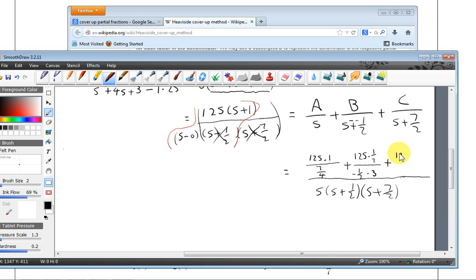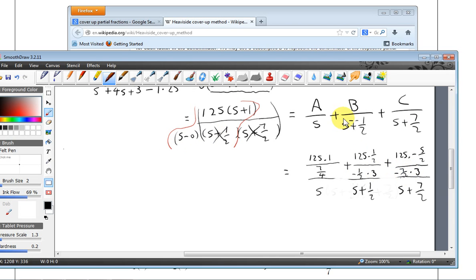That's minus 5 halves. So we have 125 times minus 5 halves. And in the denominator we have minus 5 halves, minus 7 halves here. Okay, we plug in minus 7 halves for s, and we have minus 7 halves plus a half. That's minus 6 halves, which is minus 3.